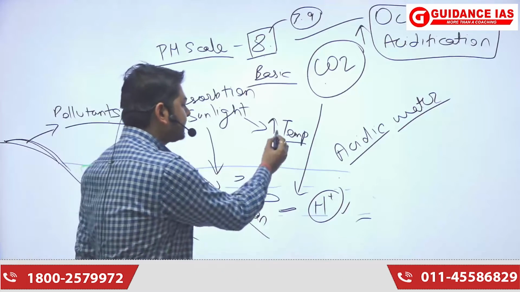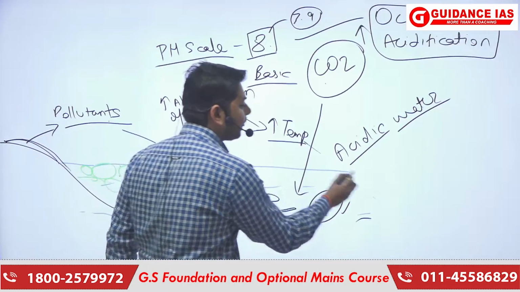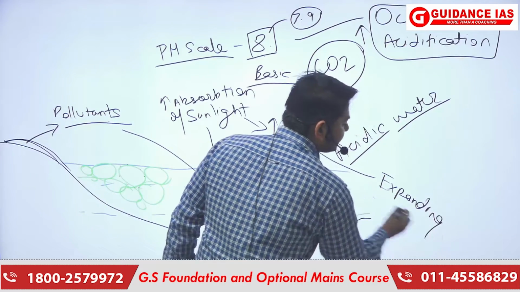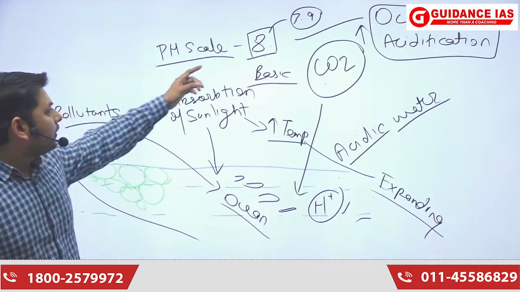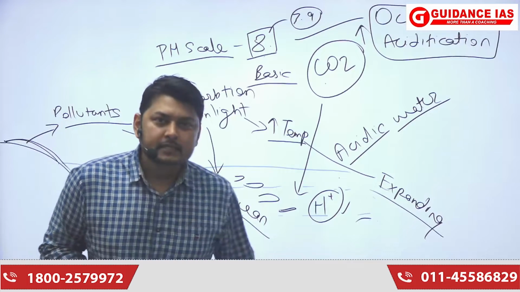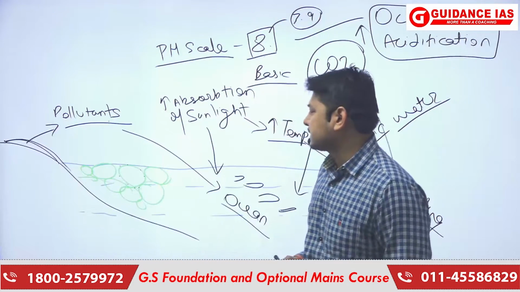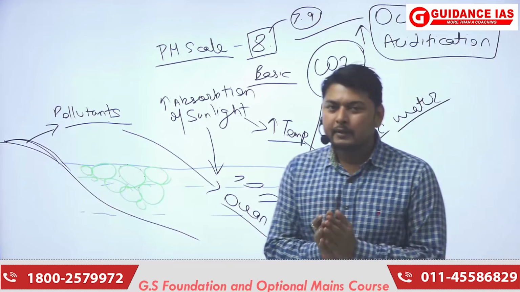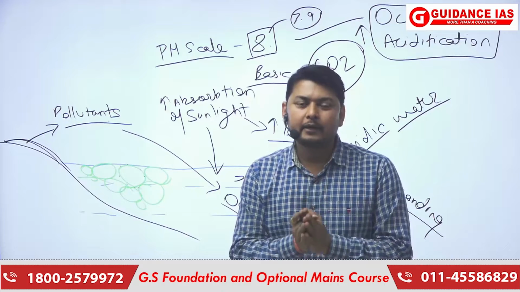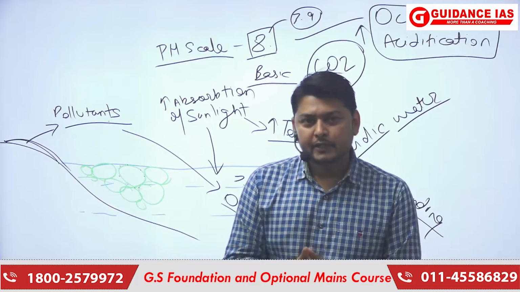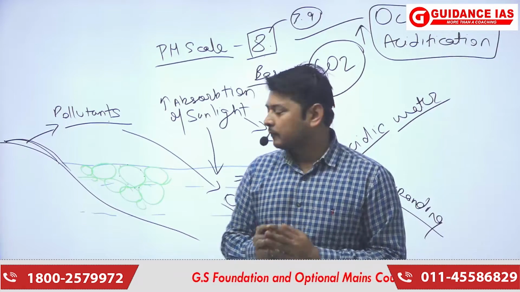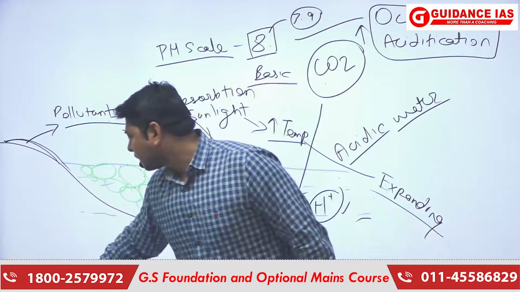If the temperature increases, the ocean will start expanding. All these consequences damage the ecosystem of the ocean, because the animals and fishes are used to living in a particular habitat and environment, and temperature, acidity or basicity are very important factors for those living organisms.